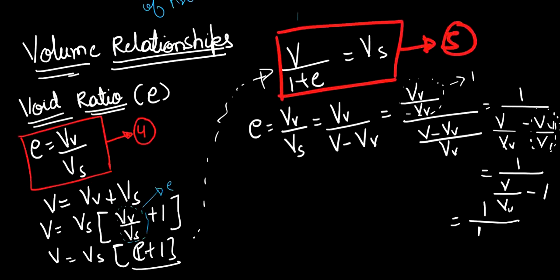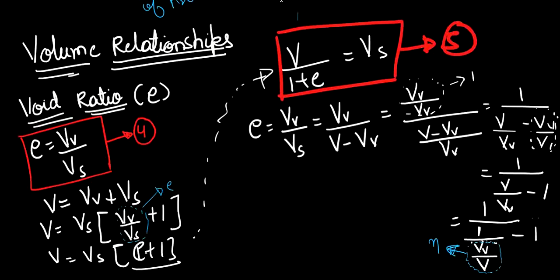Now I can write this in the reciprocal form. So I can write it as Vv upon V minus 1. Now this Vv upon V, that is volume of void upon total volume of soil sample, is nothing but porosity N, or you can say porosity eta.